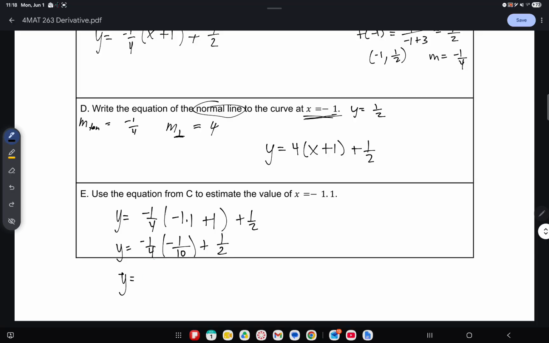So then I'll get 1/40th. And to do like denominators, let's just go ahead and make 1/2 20 out of 40. And so my estimate is going to be 21/40. We can get the decimal for that, but I'm also cool with the fraction.